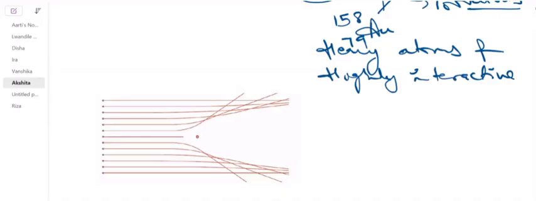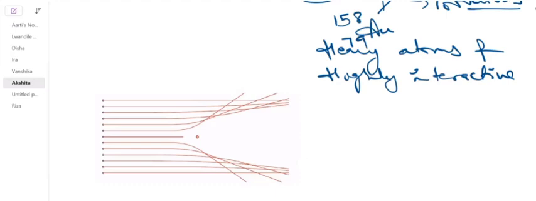Yes, Akshita, what have you written? I have written that some alpha particles straight away entered the gold foil.